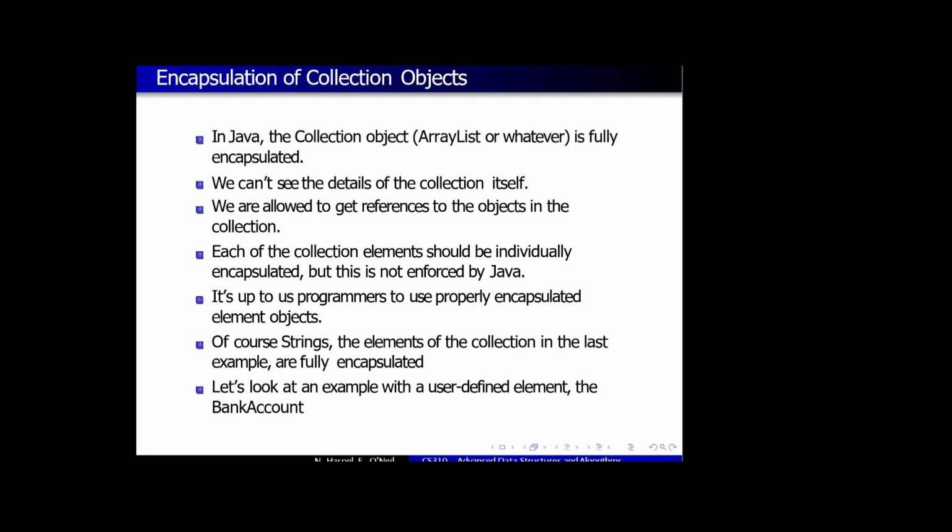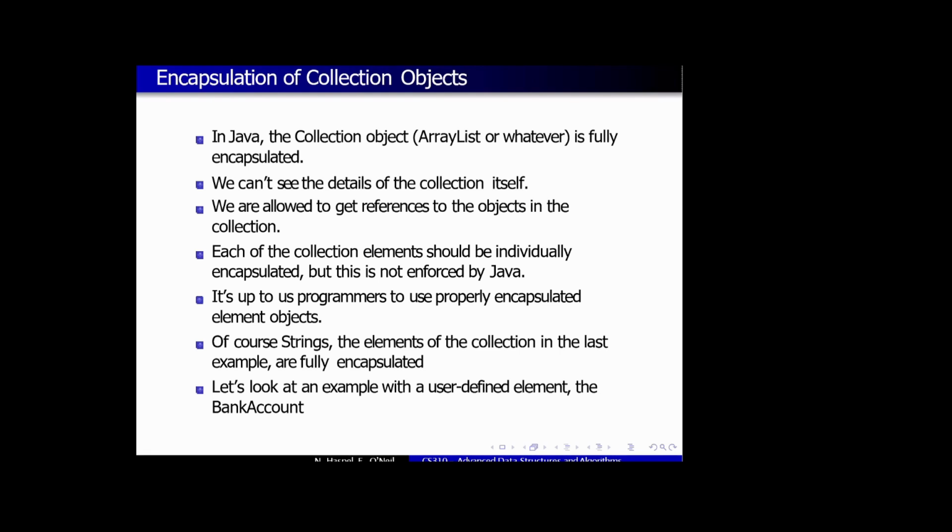So they could have public instance variables, which I like to call fields. So please bear with me. So they still work fine. There's no dependence on encapsulation of the elements.